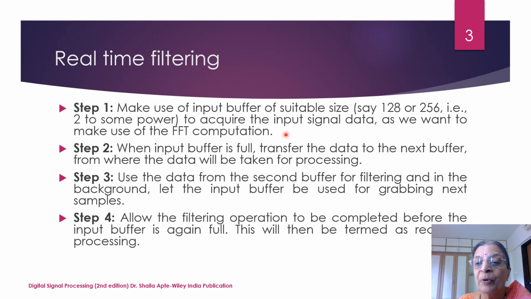This output buffer data will be utilized for the computation of DFT and then convolution and the multiplication, whatever you want to do. And then when the input buffer is again full, again the data will be transferred to the output buffer. So data will be sampled with a suitable size buffer, say either 128 or 256 or like that, and the data will be acquired while the previous data is processed simultaneously, right?